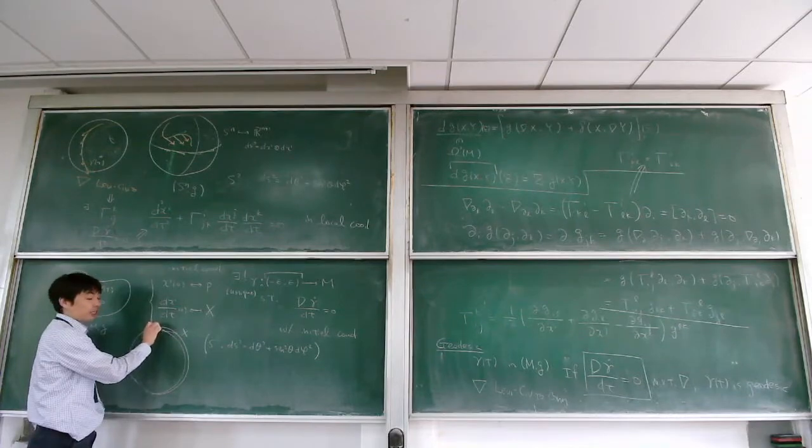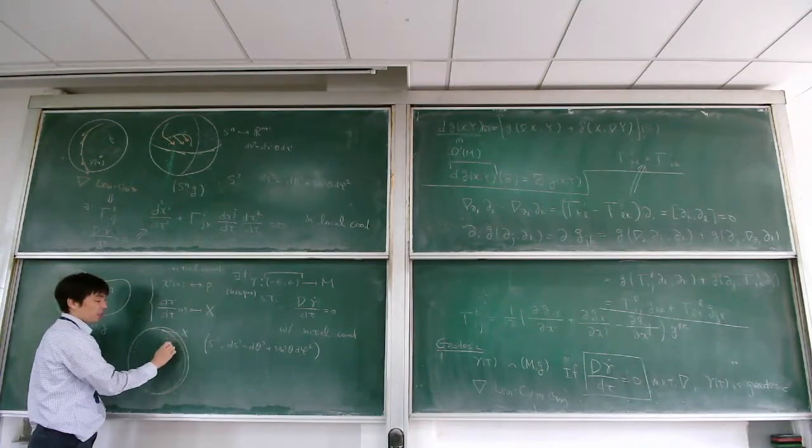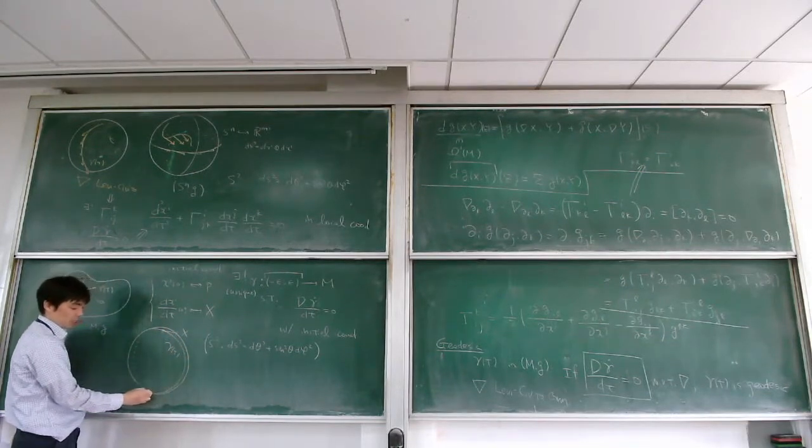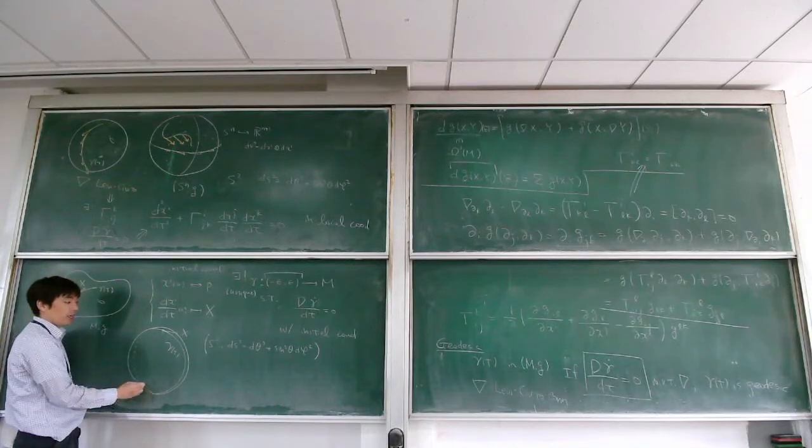As you increase the value of t, this is gamma(t), you just move along this great circle, hit the South Pole, and come back to the North Pole.